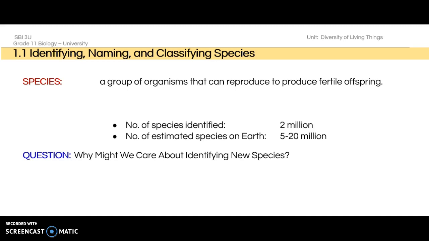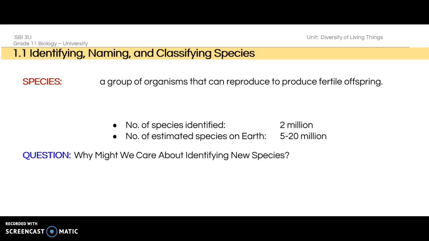For instance, farmers might need to be able to identify the weeds that are growing in their fields next to their crops so that they can effectively manage the growth of that weed, right? You want to be able to identify what it is so that you can manage it properly. If you were a physician, you would need to be able to identify maybe the type of bacteria that is infecting your patient and assign an appropriate medication for that.